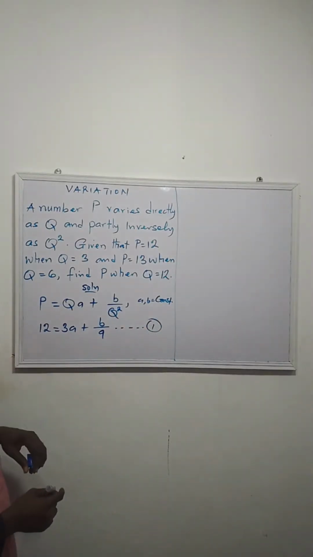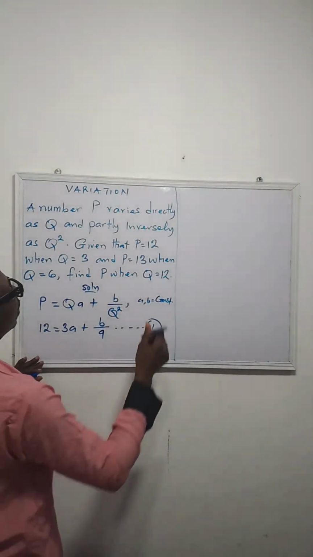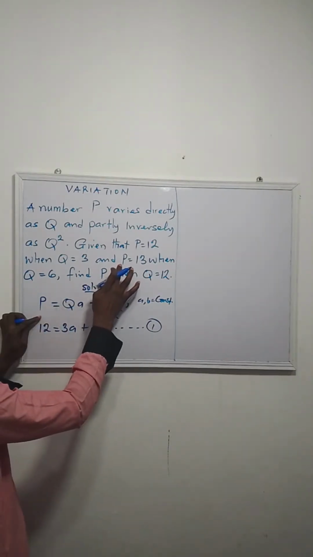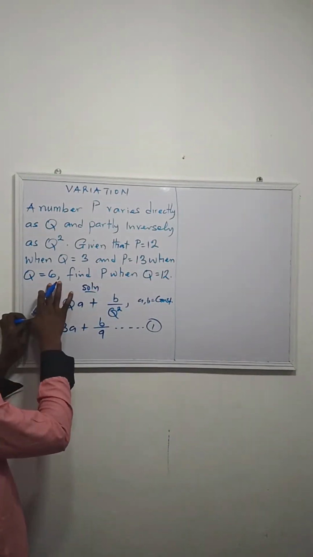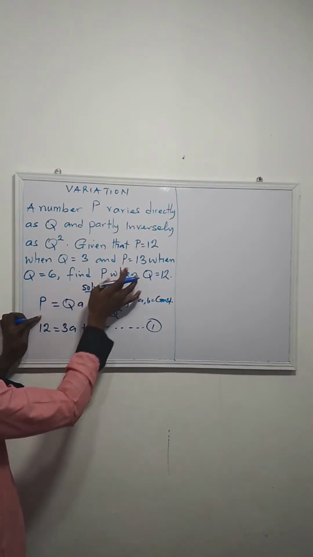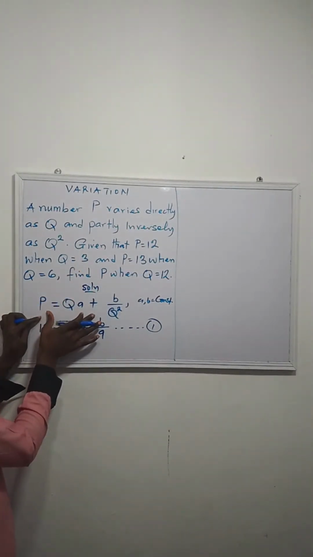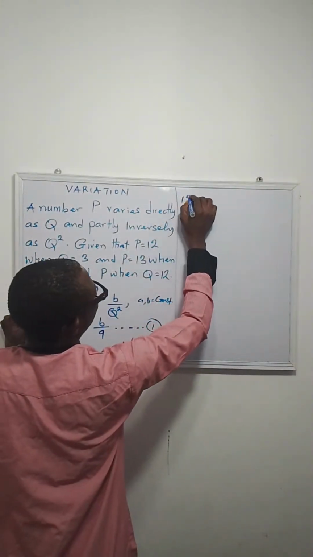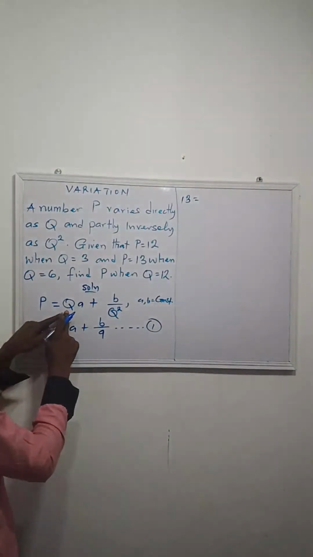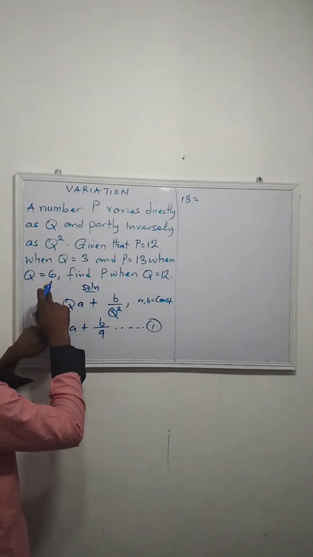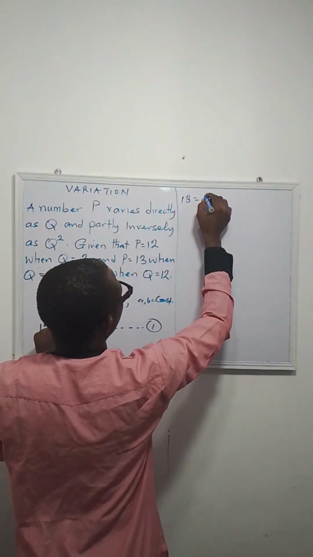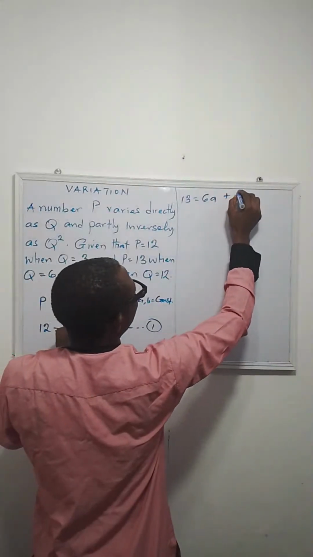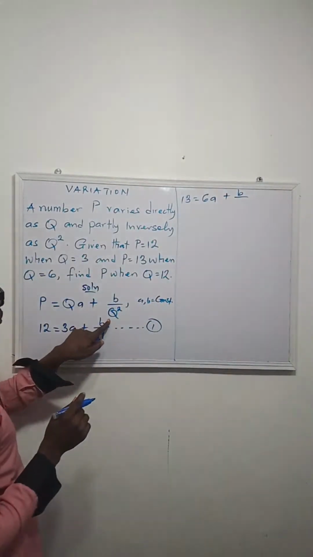All right, now let's look at the second part. Now we want to plug in the values. So we are given that P is what? 13, and Q is what? 6. Now let's plug in these values into this equation. Okay, so we have 13 equals, Q is now 6, that's 6a plus b over Q squared.